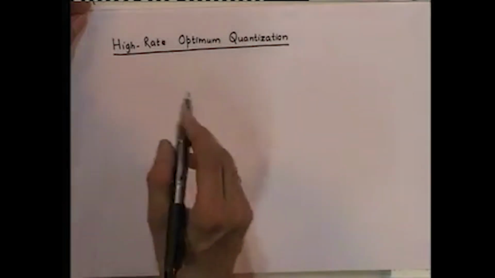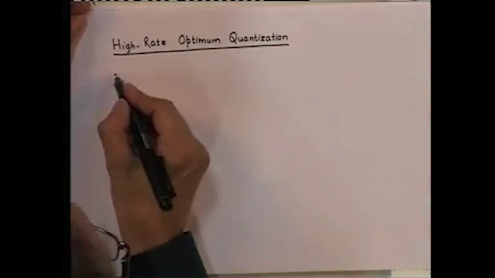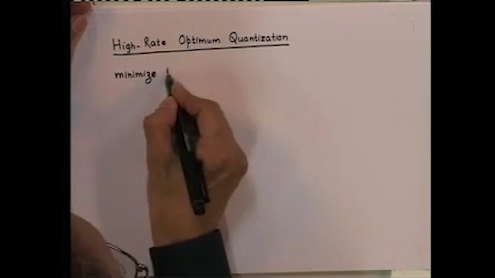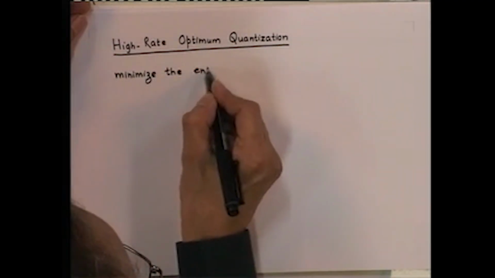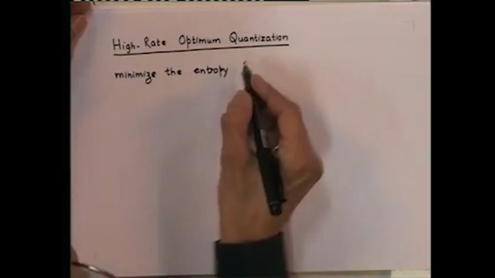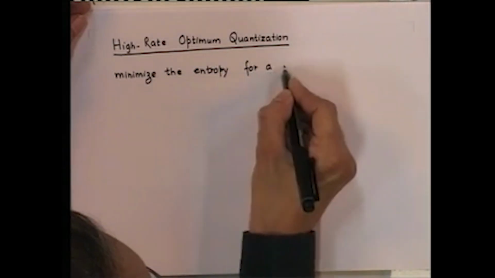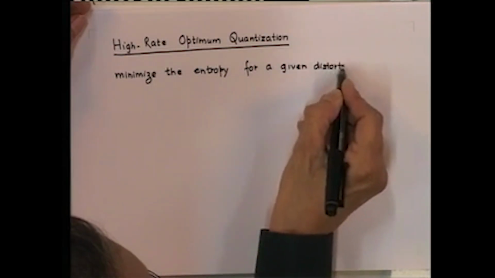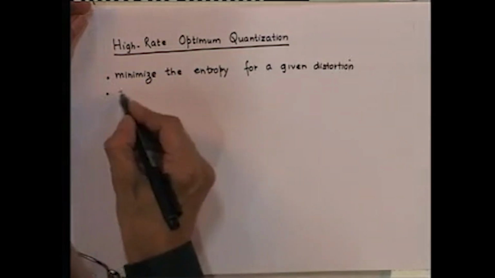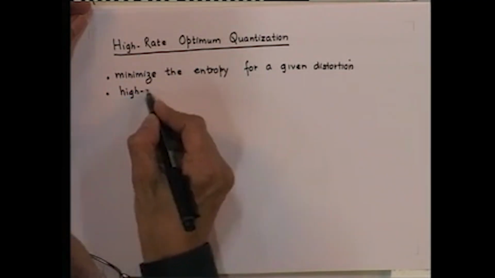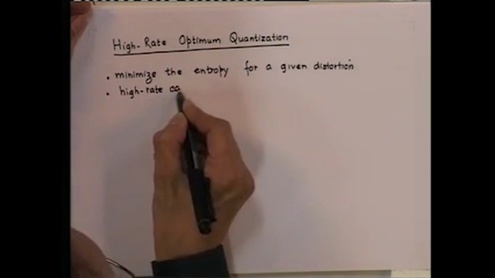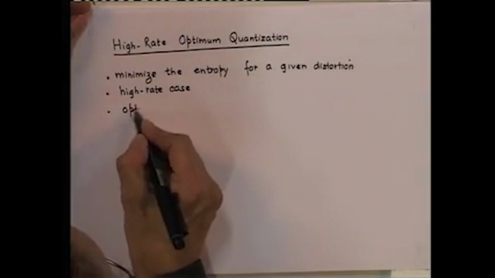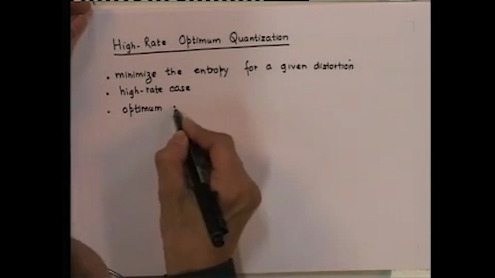So, we will assume that we want to minimize the entropy for a given distortion. We will also assume that it is the high rate case, and for this case we want to find out what is the optimum compressor.